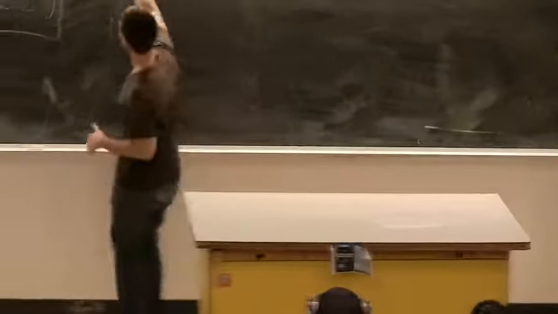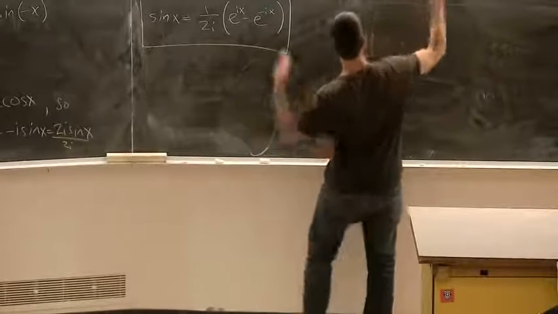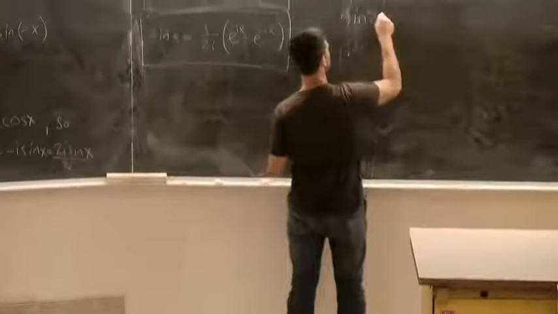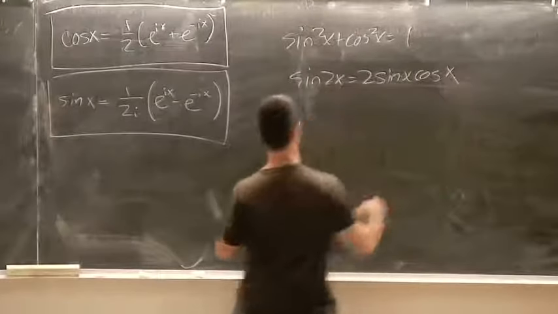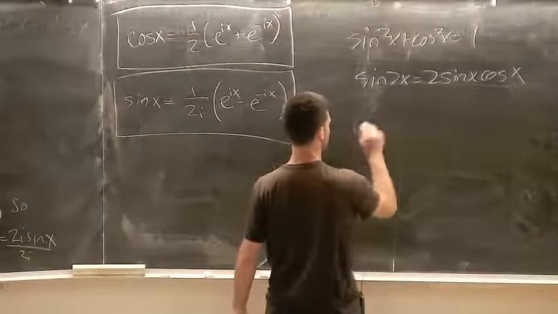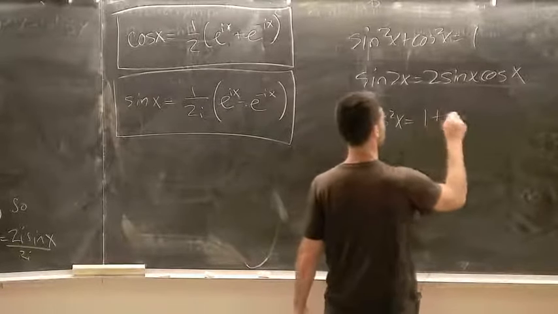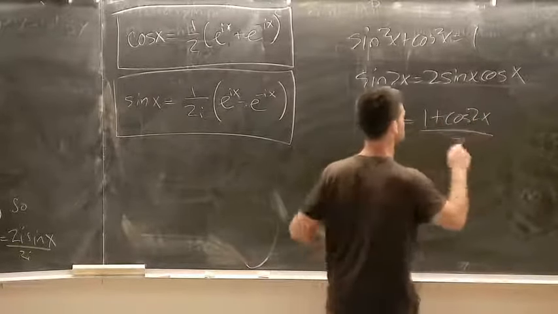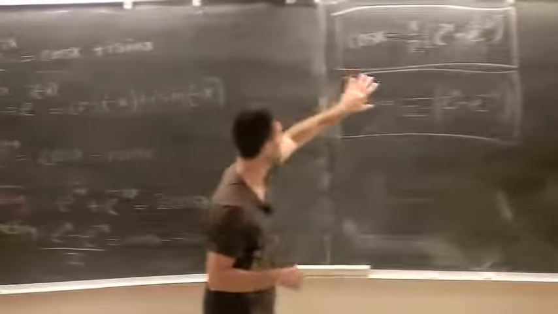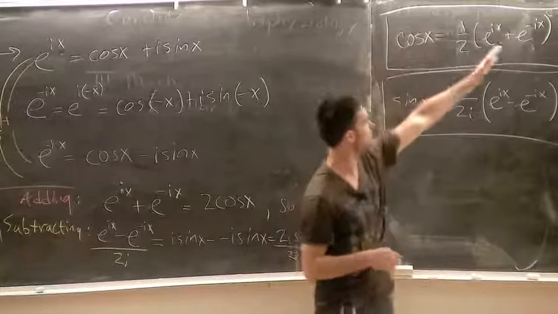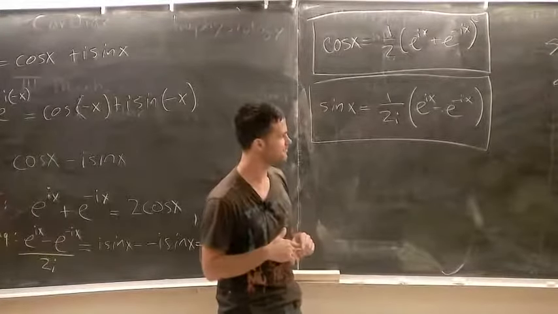For example, sine squared plus cosine squared equals 1. Sine 2x equals 2 sine x cos x. Cosine squared x equals 1 plus cos 2x over 2. And I could go on. Any trig identity you can prove if you just use these imaginary complex exponentials.